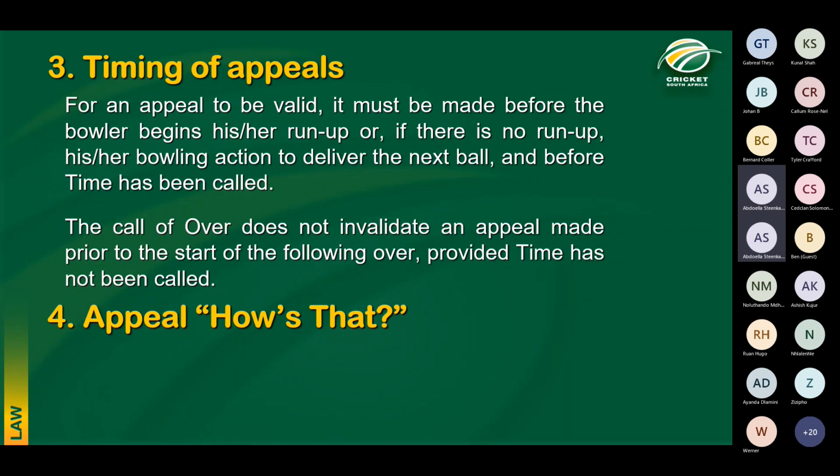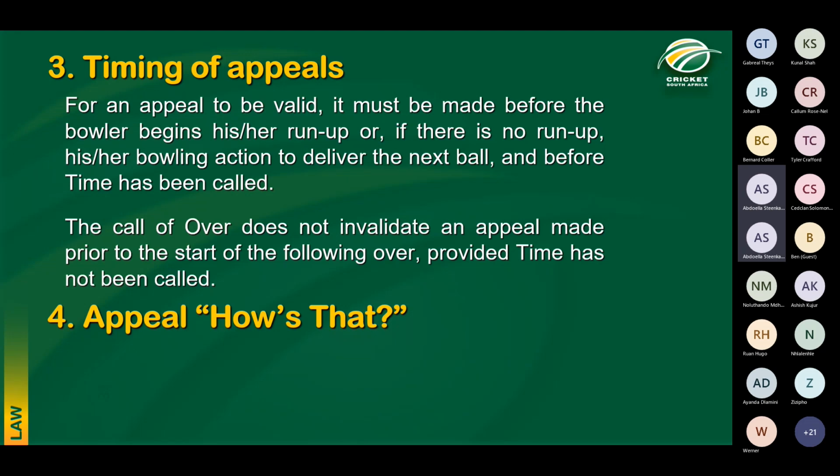Anyone can still ask, umpire, how's that for LBW, that last ball of the over? I'm appealing for LBW. That appeal is still valid as long as it's made before the bowler takes his or her first step, and as long as time has not been called.